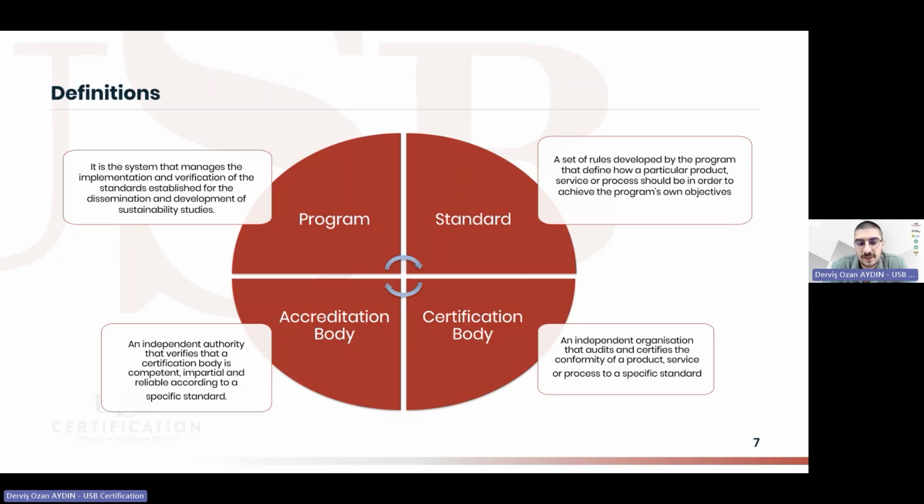Accreditation bodies are also independent authorities that verify that a certification body is competent, impartial, and reliable according to the specific standard. So programs issue standards, certification bodies audit and certify organizations to those standards, and the accreditation bodies audit certification bodies to verify that they comply with the standard rules.